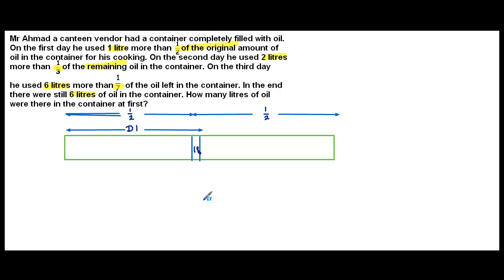So we need to divide the remaining part into 3 units so that we can get 1/3 of the model. So this would be 1, 2, 3 equal parts.